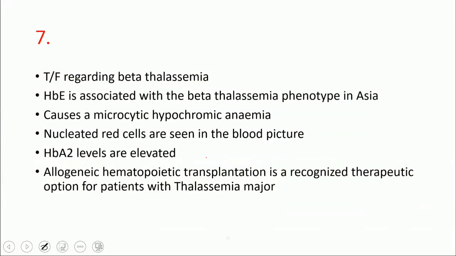So beta thalassemia causes microcytic hypochromic anemia, and there is another parameter that we assess in the full blood count, which is the red cell distribution width. Now in iron deficiency anemia, because there are lots of different sized and shaped red cells, the red cell distribution width is increased. But in thalassemia, we describe the red cell distribution width to be normal because the cells look abnormal, but they have the same size and shape.